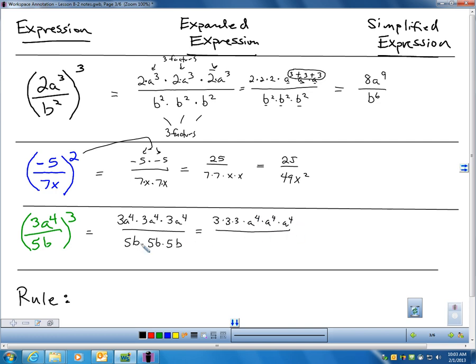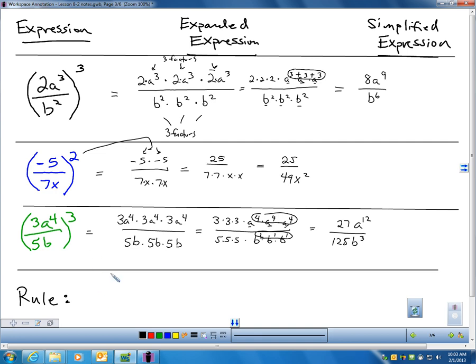And in the denominator I have 5 times 5 times 5, but I also have b times b times b. Again, I'm using the product of powers property. If I have the same base, I can add the exponents. So I know I have an a to the 12th in the numerator. 3 times 3 times 3 is 27 in the numerator. 5 times 5 times 5 is 125 in the denominator. And b to the 1st times b to the 1st times b to the 1st, remember, add the exponents. That's b to the 3rd. Okay, there's my simplified expression.